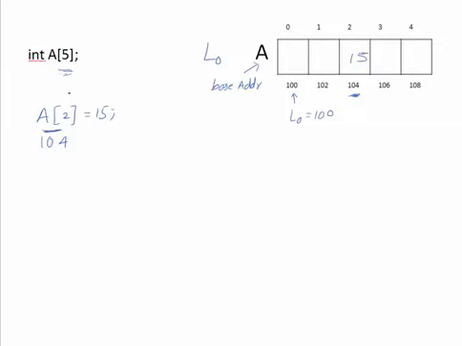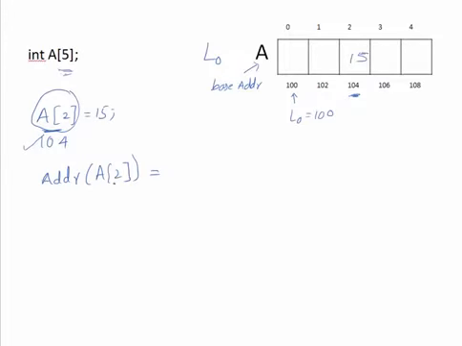When we use any index or any location of an array, the compiler will convert it into a formula which will get the address of that location at runtime. So let us see how it will write the formula. Address of a of 2.